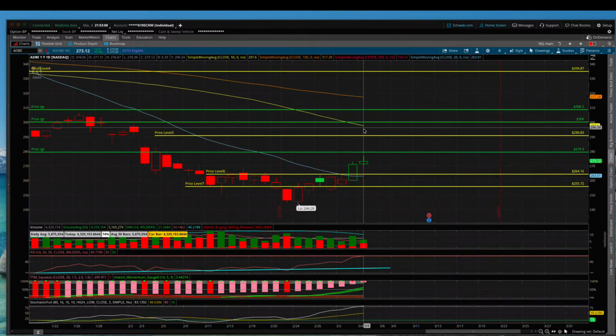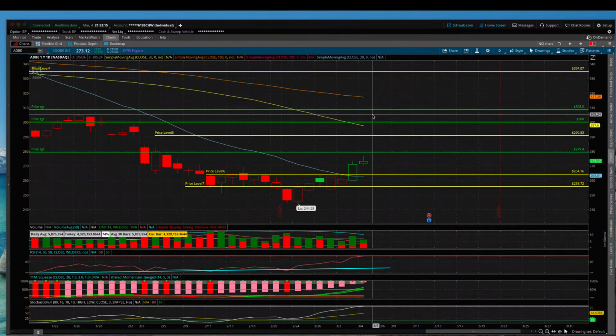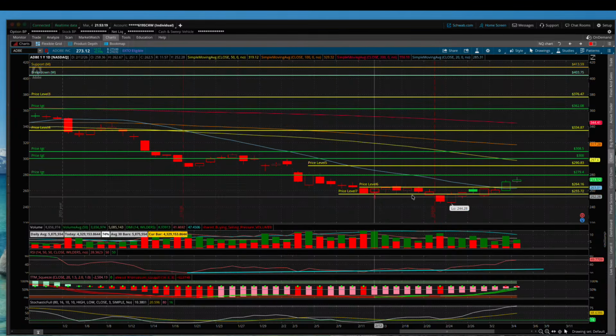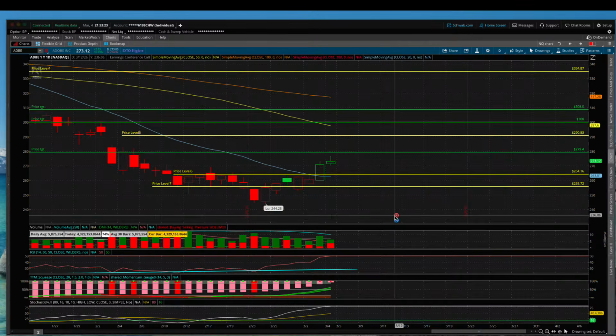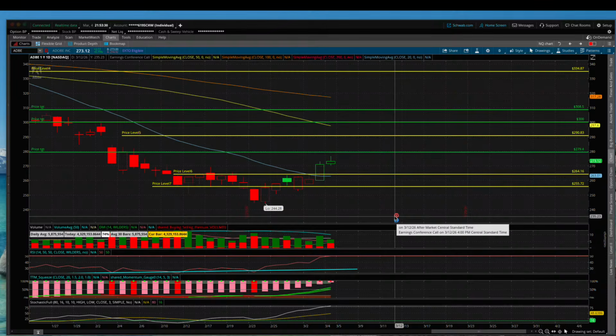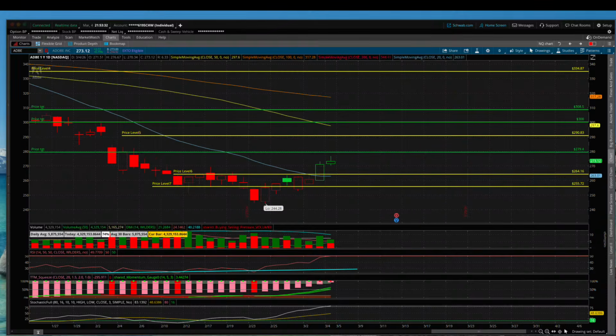And then we test that 295, 297 area. If we could get past that, we go to 305, and then we build the inverse head and shoulders from here, here, and here, and go higher. All depends on that earnings though too. About 8 days away.